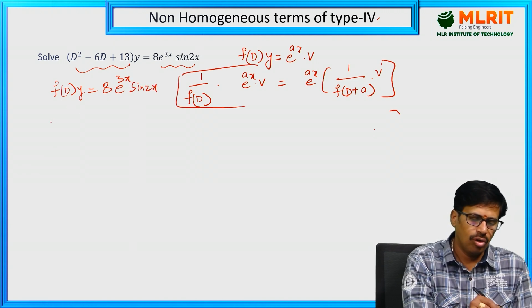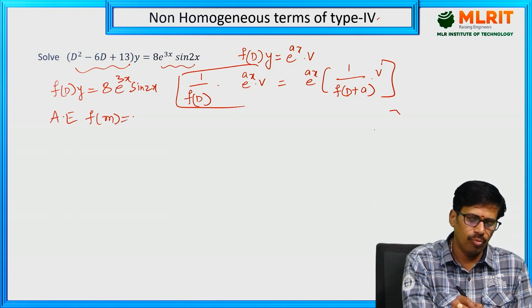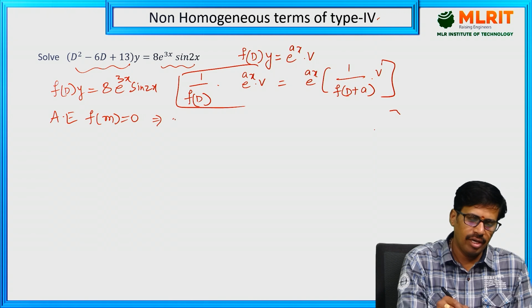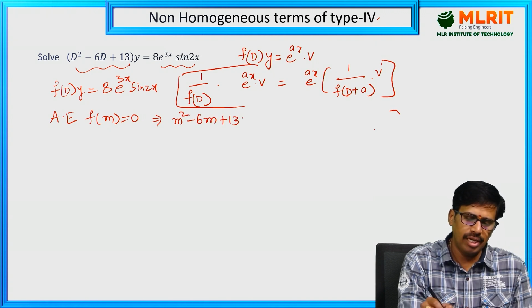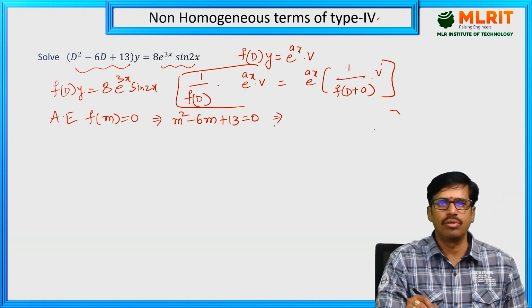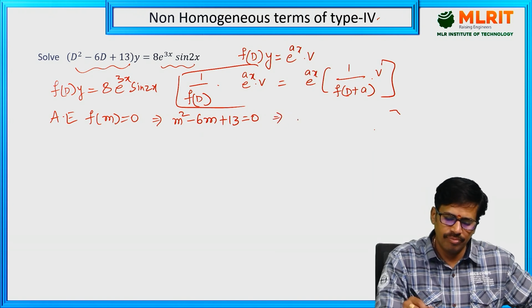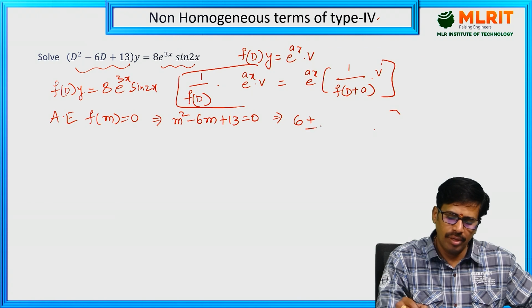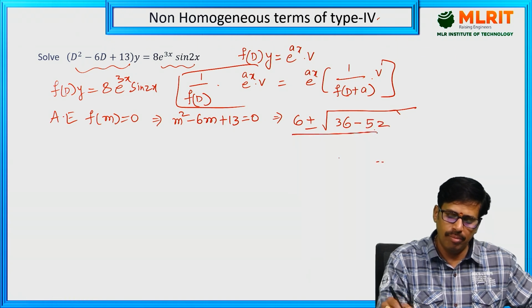So what is the auxiliary equation? f of m equals 0. So this can be written as m squared minus 6m plus 13 equals 0. So there are two roots for this: minus b plus or minus under root of b squared minus 4ac by 2a.